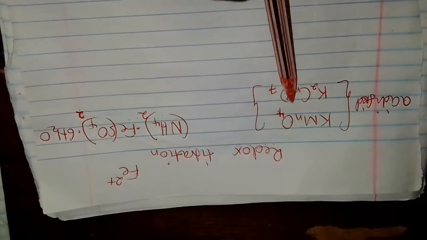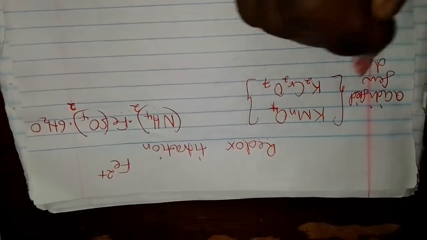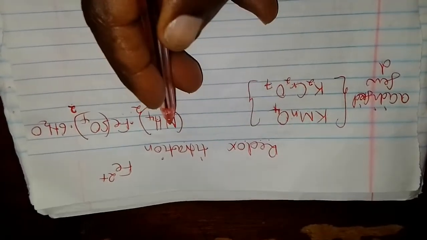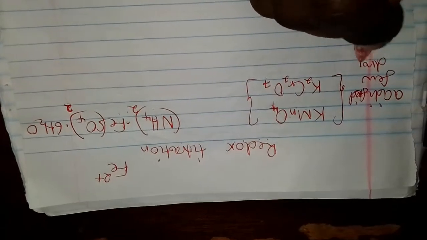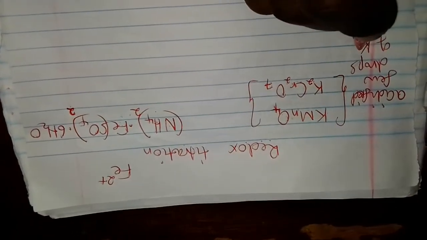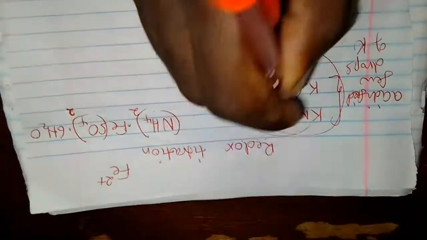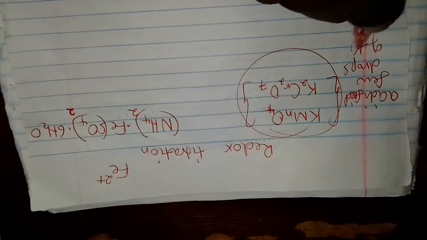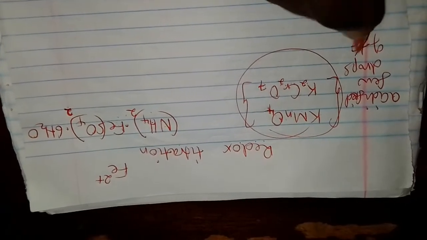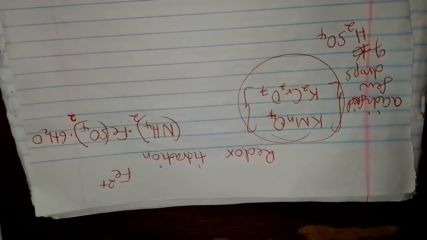Now, I've said these are oxidizing agents. They have to get acidified. For example, you can add a few drops to these oxidizing agents before they can get used in this experiment. You can add a few drops of concentrated sulfuric acid.